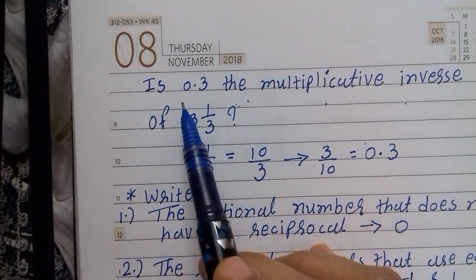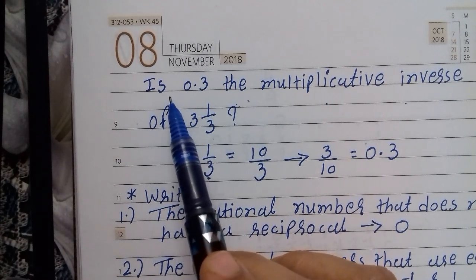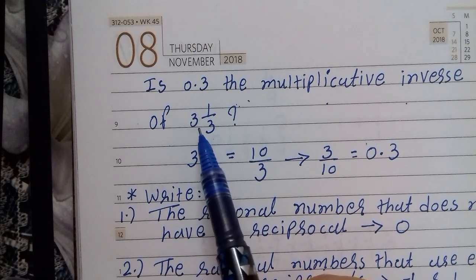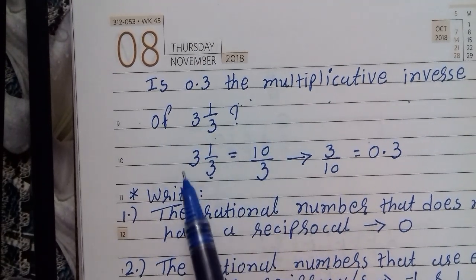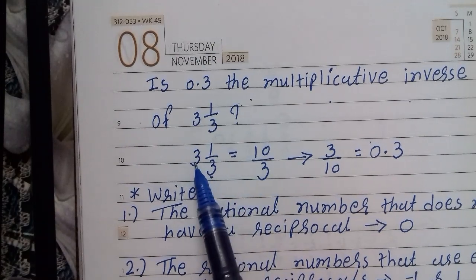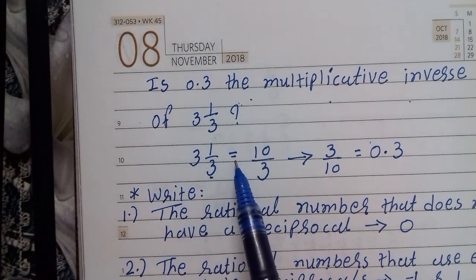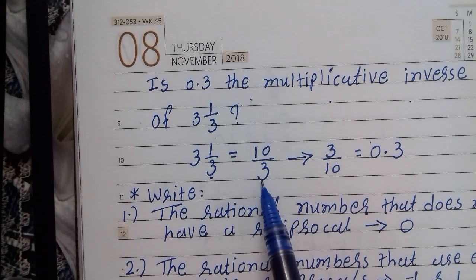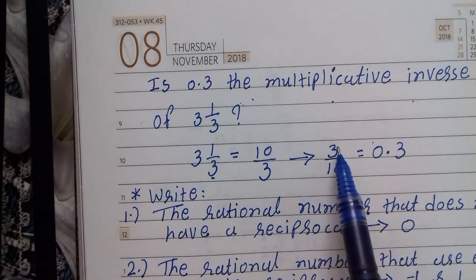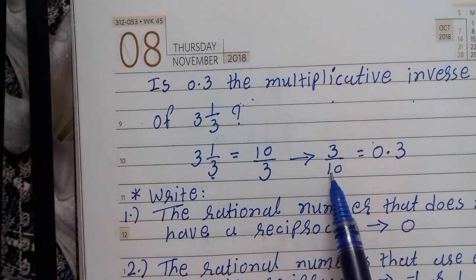Students, see this example. Is 0.3 the multiplicative inverse of 3 1/3? Here 3 1/3 is equal to 3 threes are 9, plus 1 is equal to 10/3. The multiplicative inverse of 10/3 is equal to 3/10.